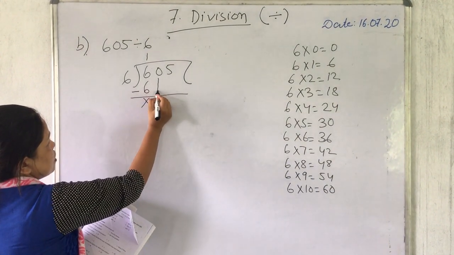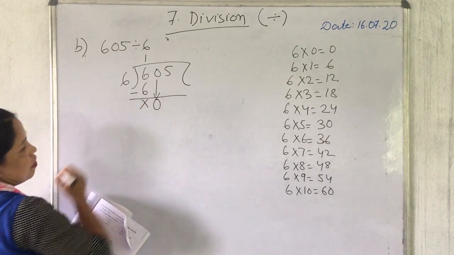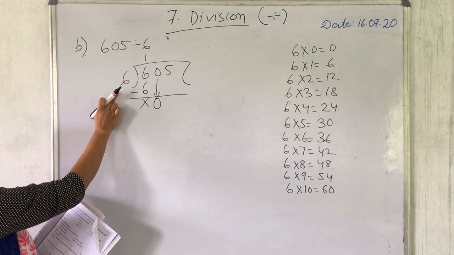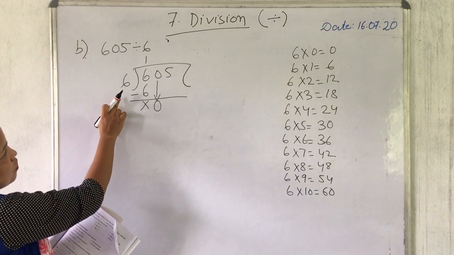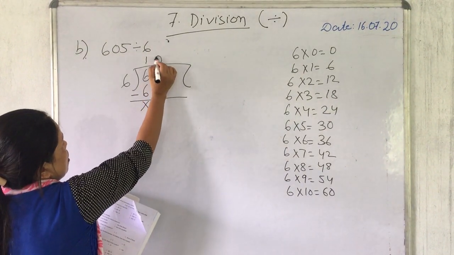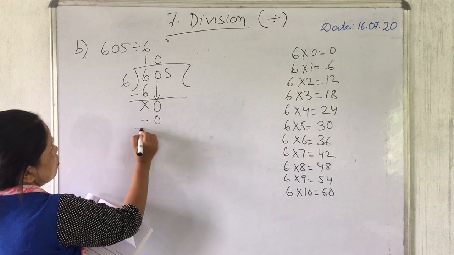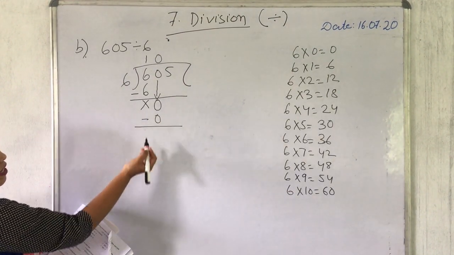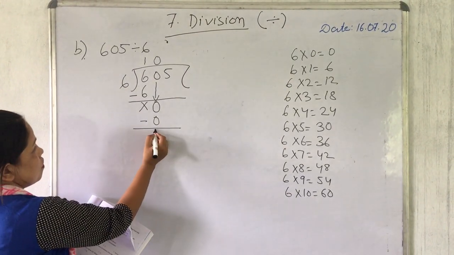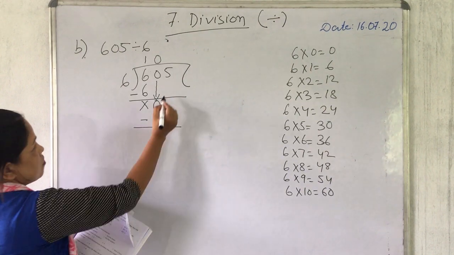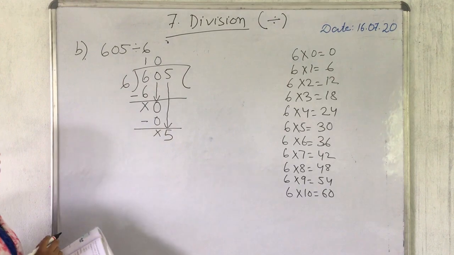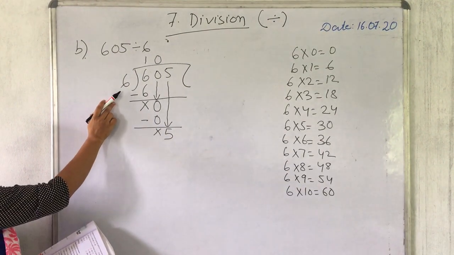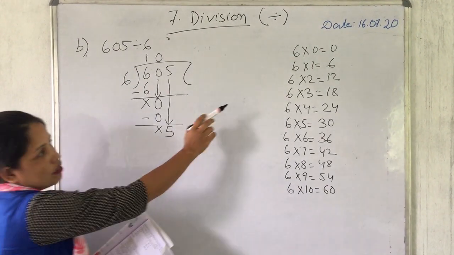Now the next step is to put this 0 down here. Okay children? Now in the 6 table, does 0 come? No. Now you have to write 6 zeros are 0. Okay? Now 0 minus 0 you know is 0, you can cross it out. Now the third step is to put this 5 down here. Okay? Now look here, in the 6 table, does 5 come?